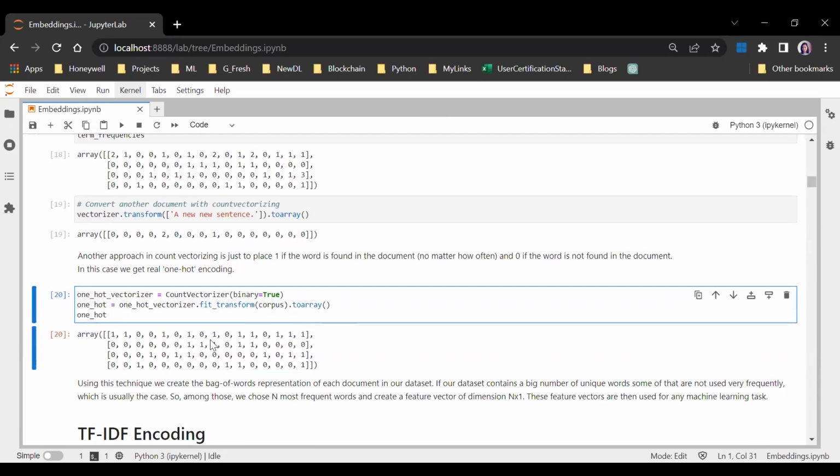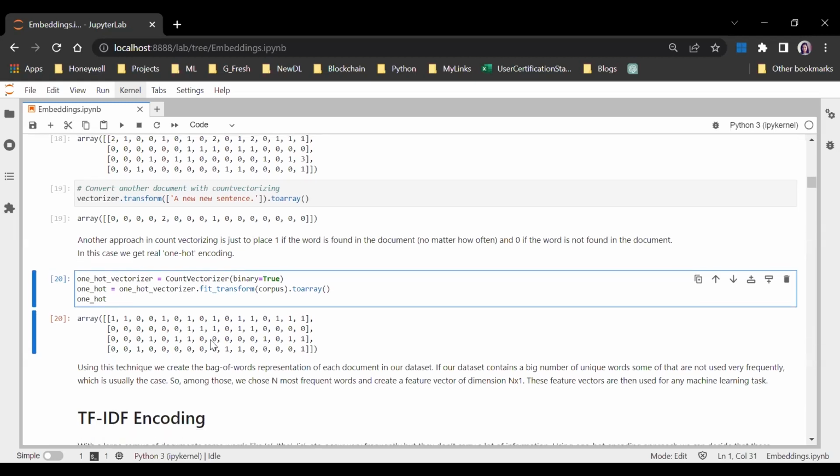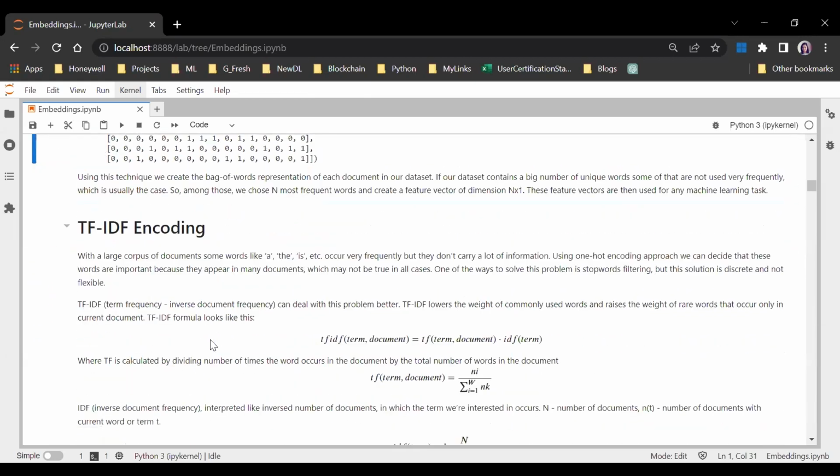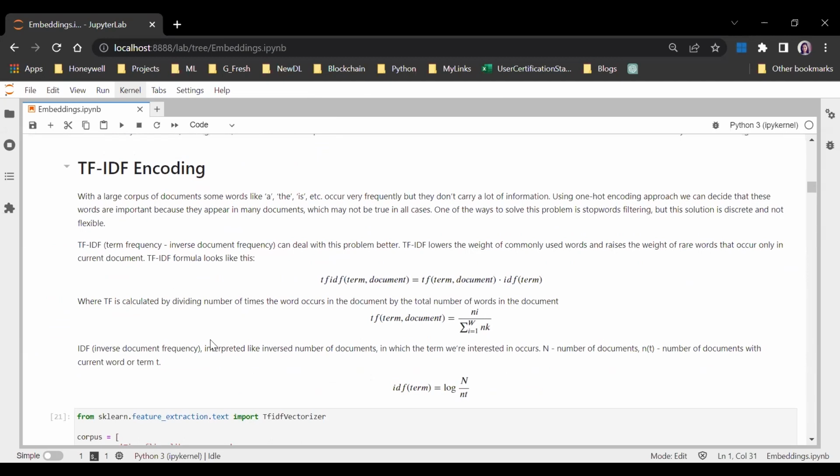Another simple approach for generating the vector representation is TF-IDF encoding. TF-IDF is actually a statistical method to find how important a particular word is in a document as compared to all other documents.